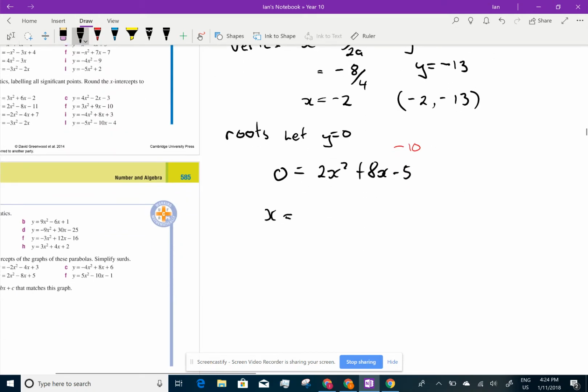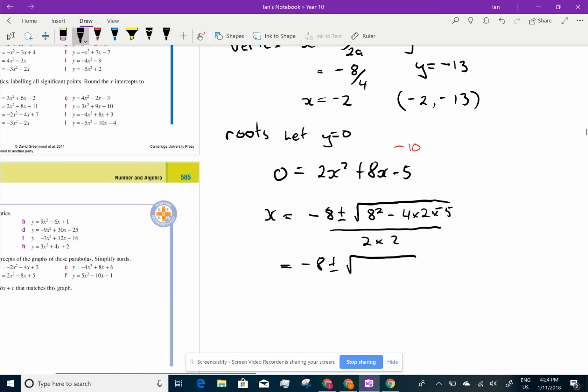x equals minus 8 plus or minus the square root of b squared, that's 8 squared, minus 4 times 2 times negative 5, over 2 times 2. Pumping this into my calculator, 8 squared minus 4 times 2 times negative 5 is 104, so root 104, all over 4.